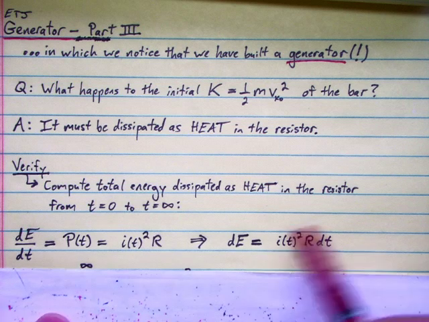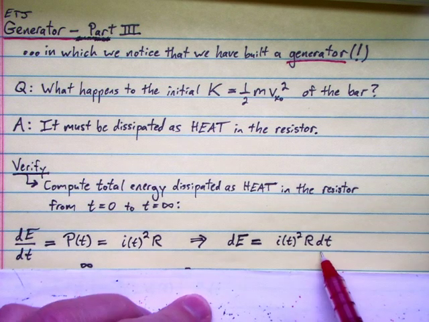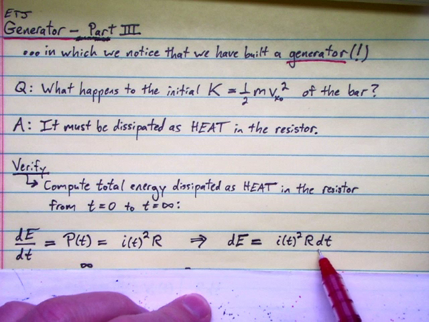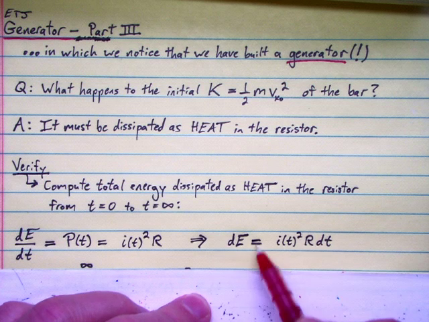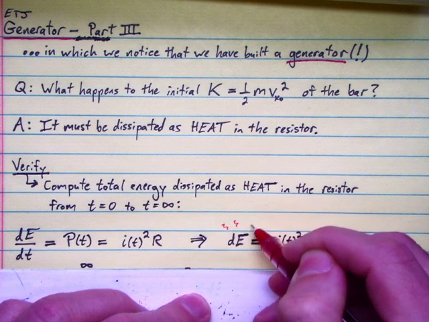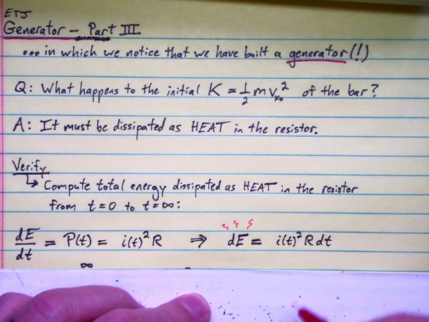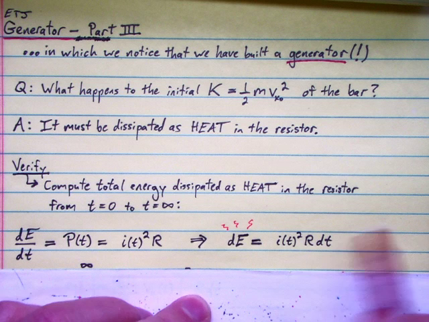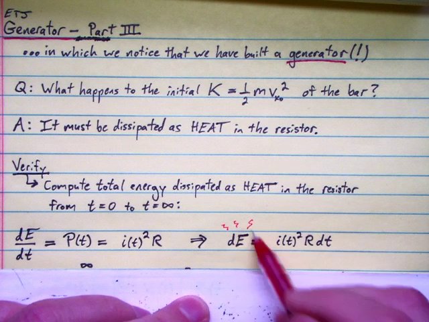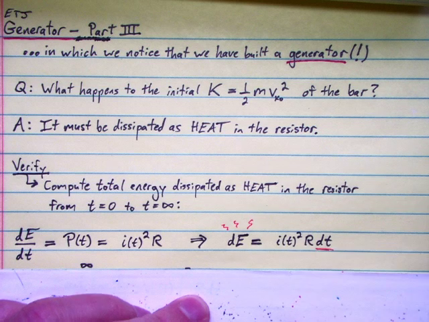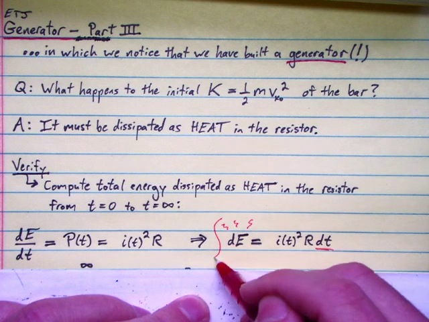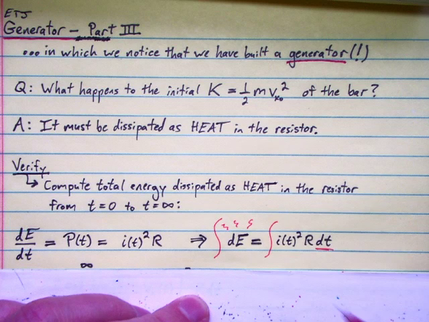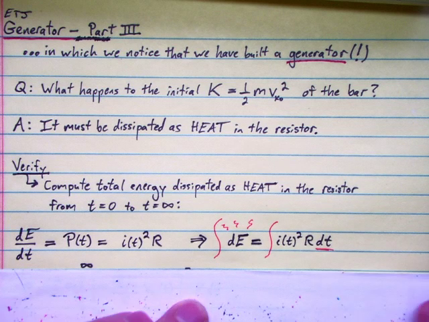Rewriting that equation this way, we see that in an infinitesimal amount of time dt, a small amount of energy is converted to heat in our resistor based on the instantaneous current and the resistance. So this is some small amount of heat generated in some short amount of time. We want to add up all the heat generated over all time as time goes from 0 to infinity.